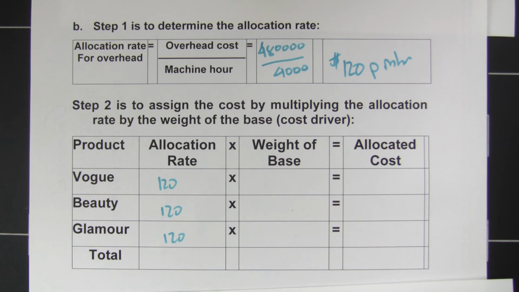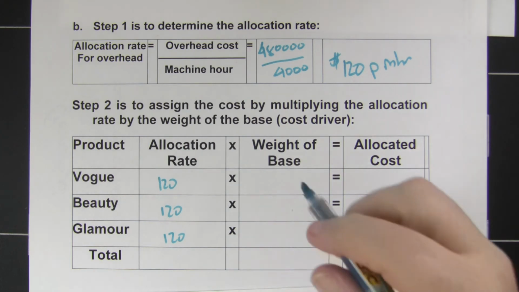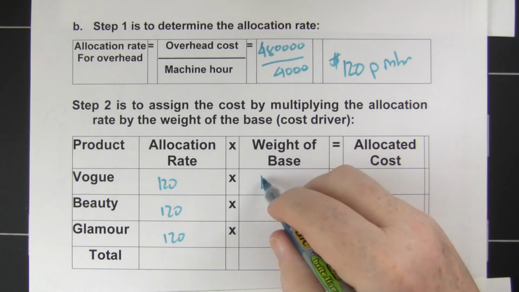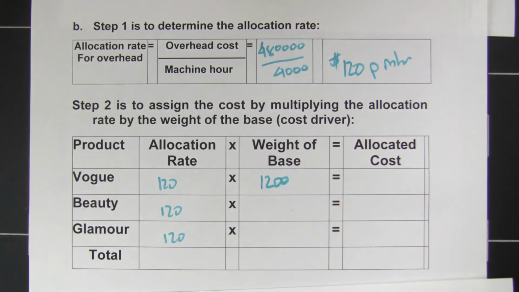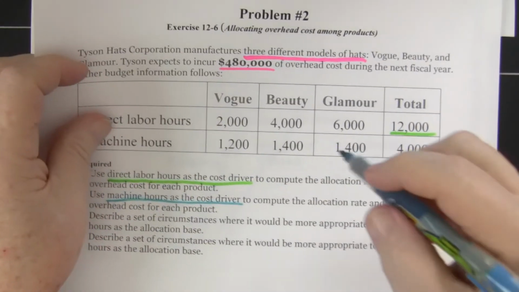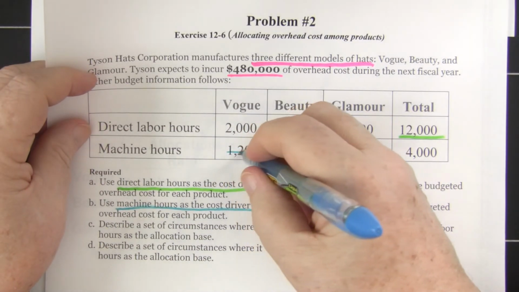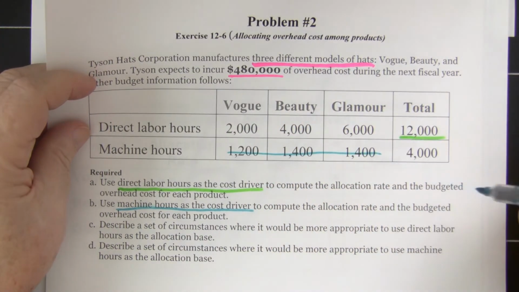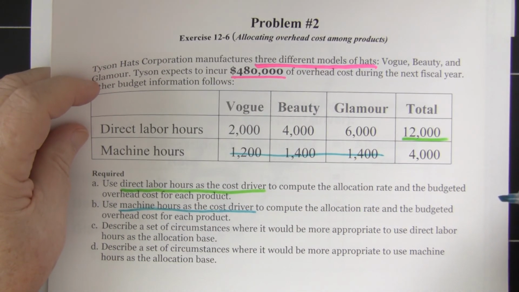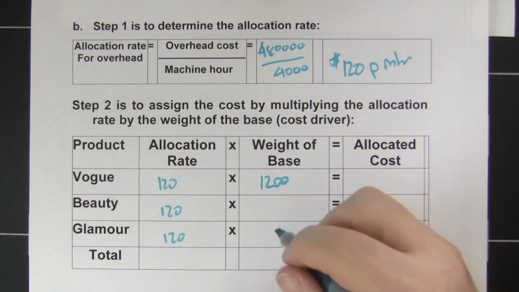And then we're just going to multiply that times the number of machine hours. Vogue used 1,200 machine hours. Beauty and Glamour used 1,400 each.